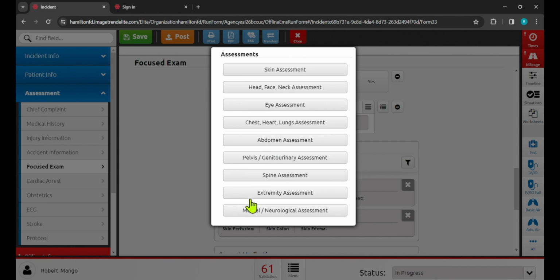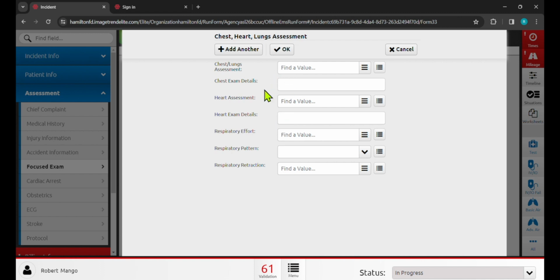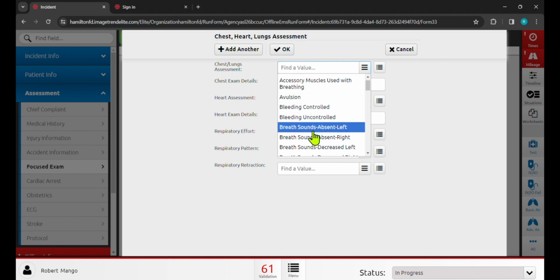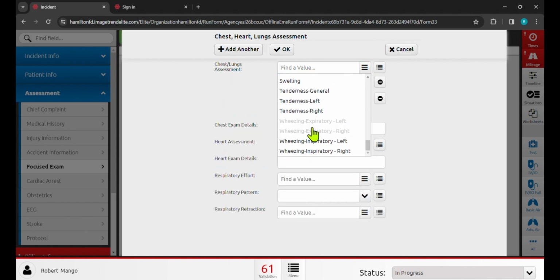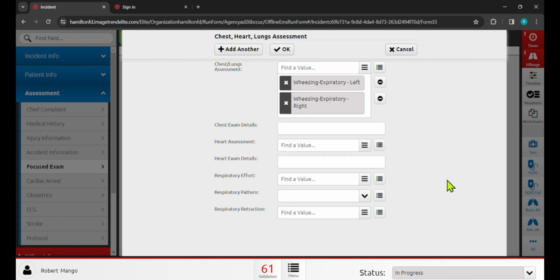We're going with difficulty breathing right now. So here's a lung assessment. This one would be applicable to our run. They're wheezing. They have COPD. And you don't necessarily have to fill out every field within this assessment.